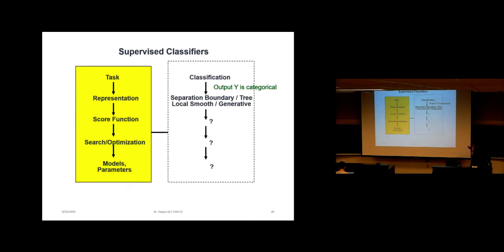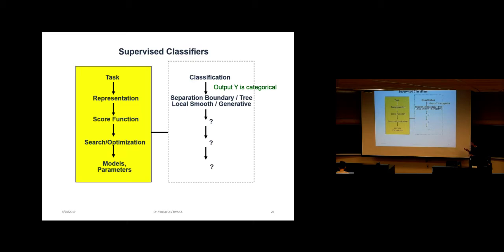Alright, so we talked about classification and different types of Y, and now let's talk about representation. How do you represent a classifier? There are many different kinds of classifiers. Some of them only model the separation boundaries. Some use local smoothness assumptions without any assumptions about the boundary at all. Some have a specific probabilistic model of how the data is generated.